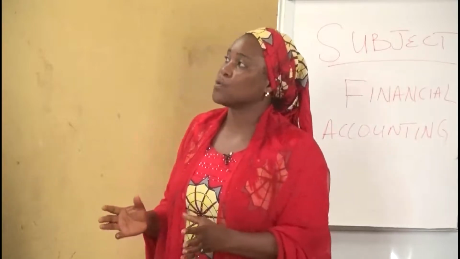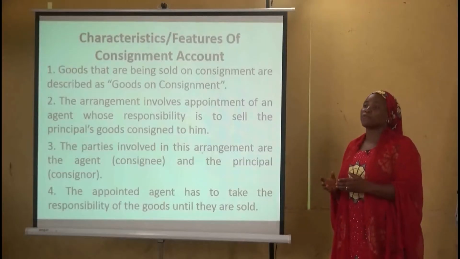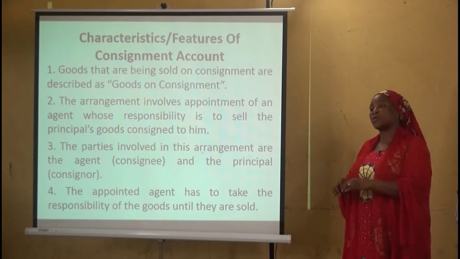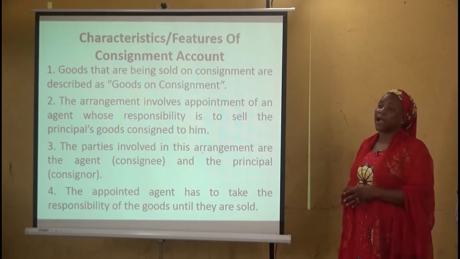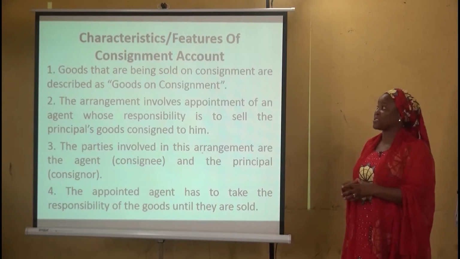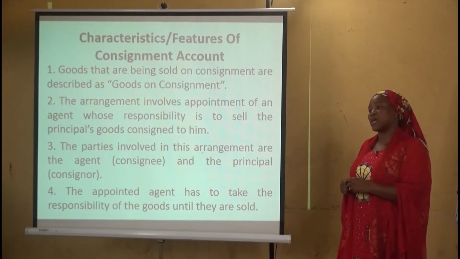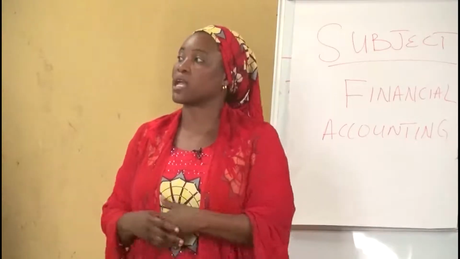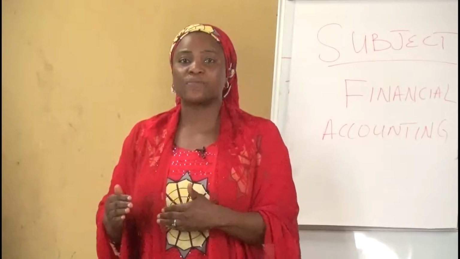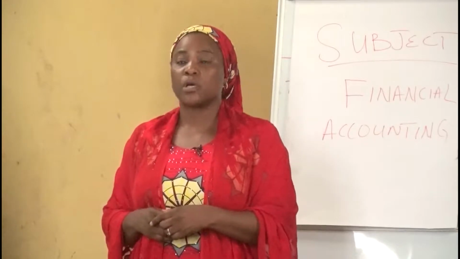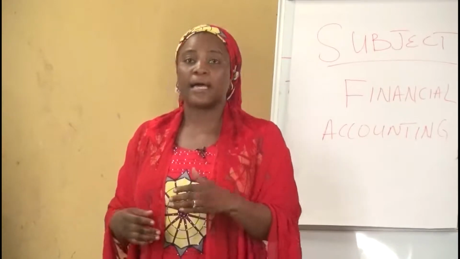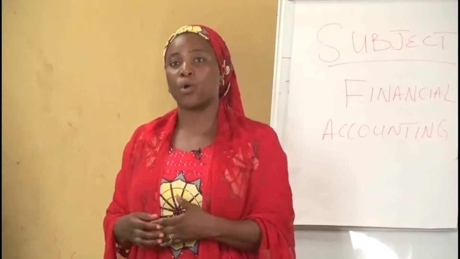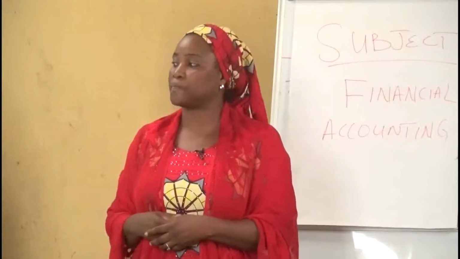And I gave you some features of consignment account, where I said goods on consignment are always labeled or described as goods on consignment. There's an arrangement between two people, the consignee, who is the agent, and the consignor, who is the principal.